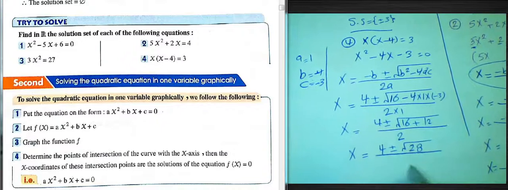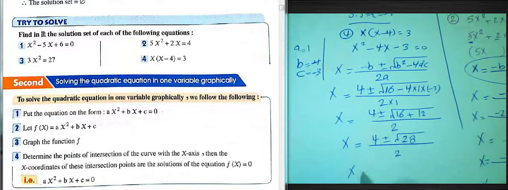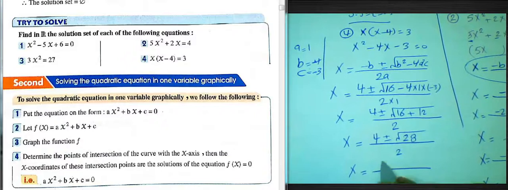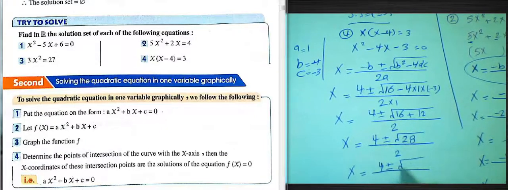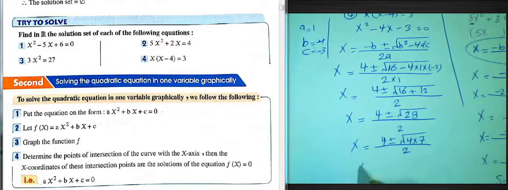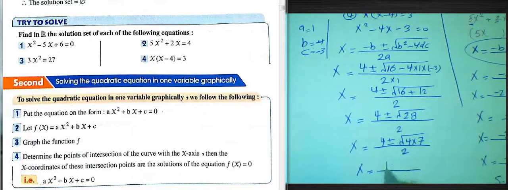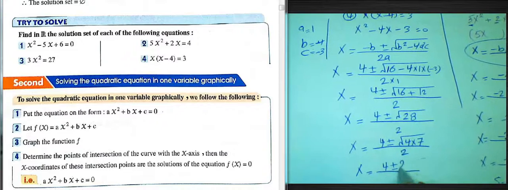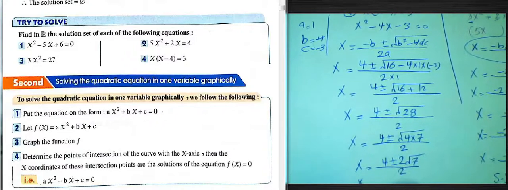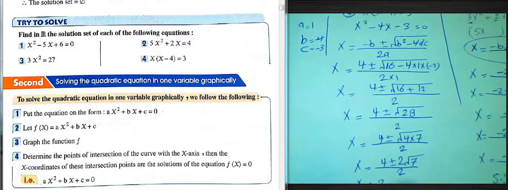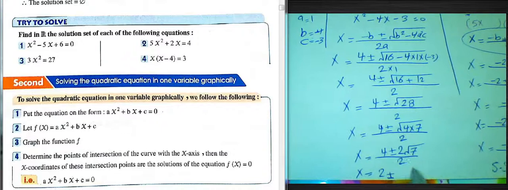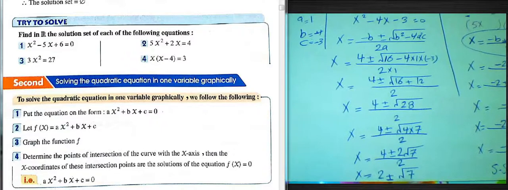over 2. We can simplify it because 28 equals 4 times 7, and 4 times 7 divided by 2. x will be 4 positive or negative 2 square root of 7 divided by 2, which is equal to 2 plus or subtract square root of 7.